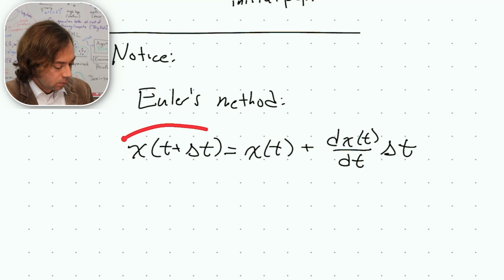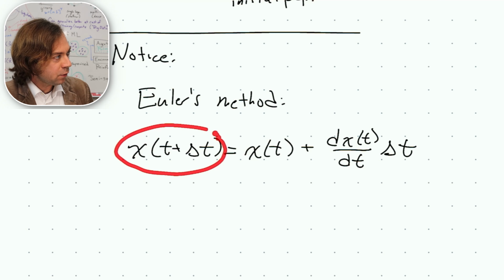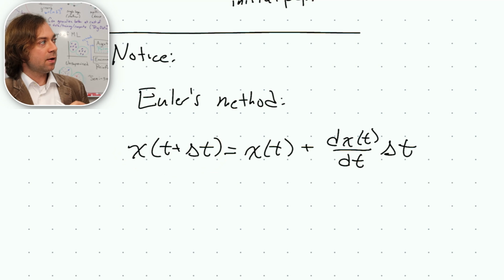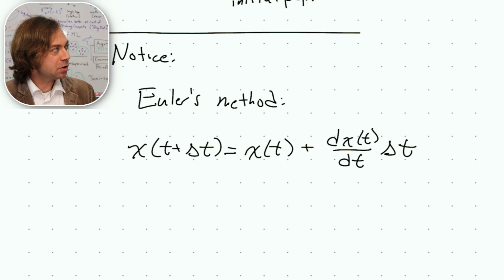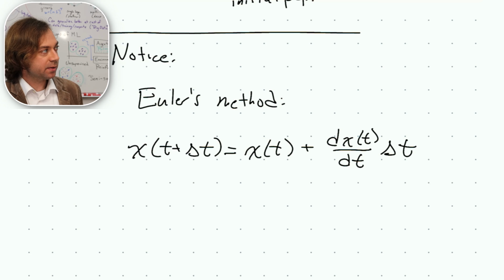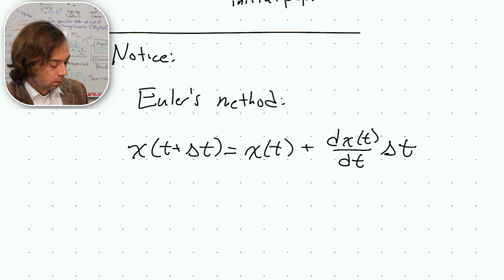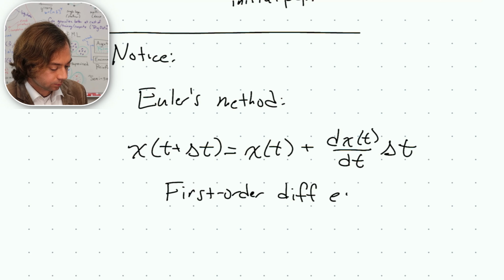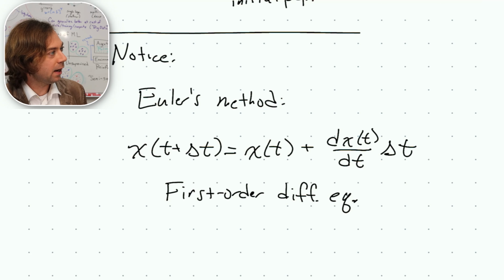Number one, it is derived using an equation where there's only one derivative, okay? And many equations, including our pendulum, have multiple derivatives. What we would call that is a first order differential equation, okay?